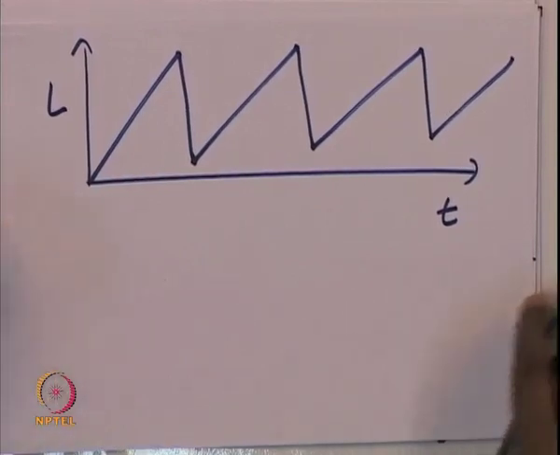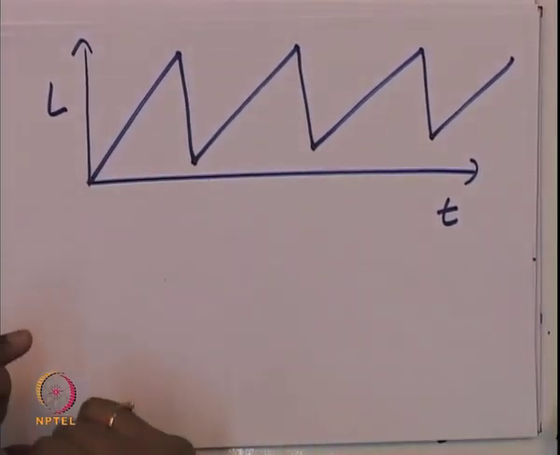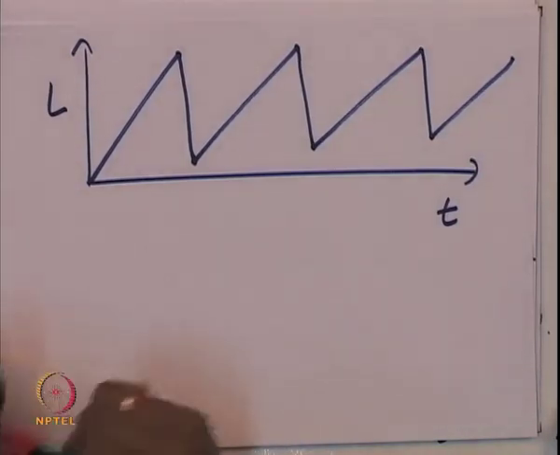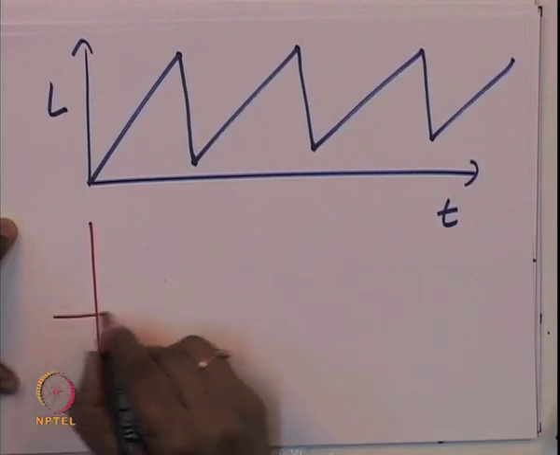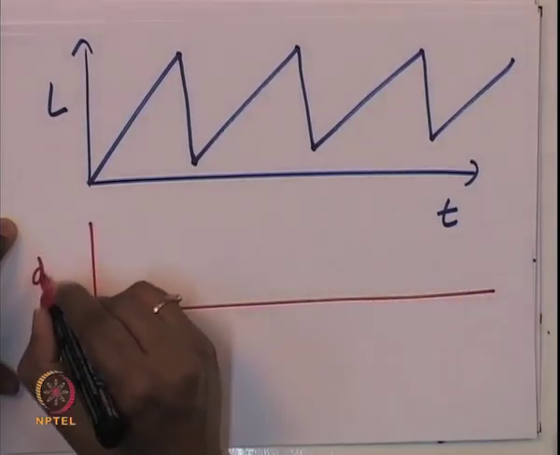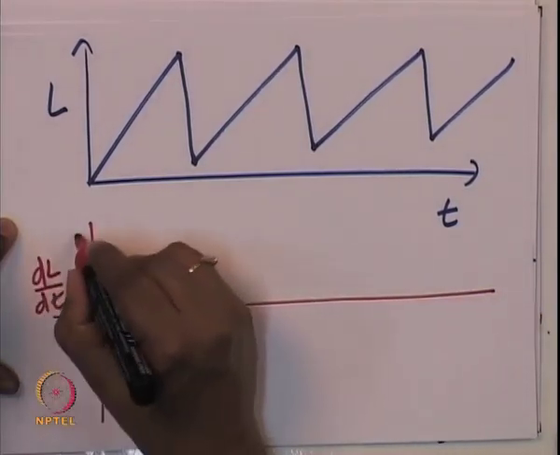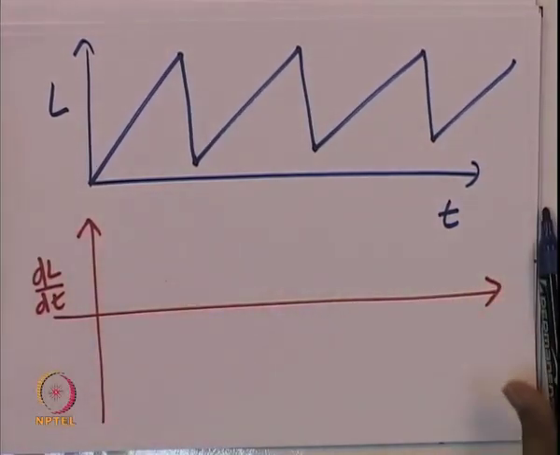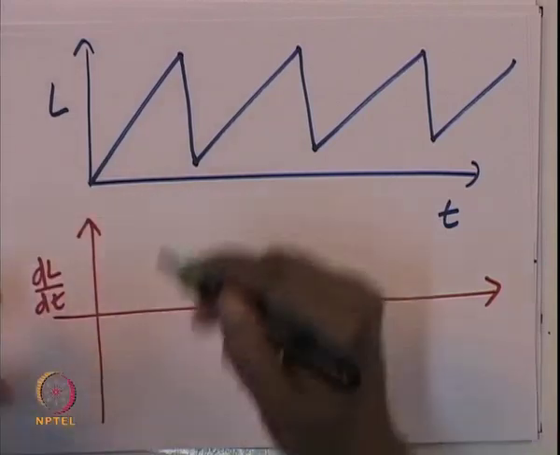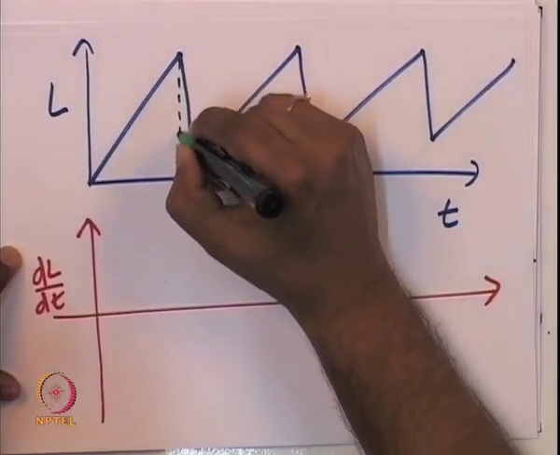Now, what we want is the derivative. We want to plot here the derivative, d L by dt, and we will mark these points.